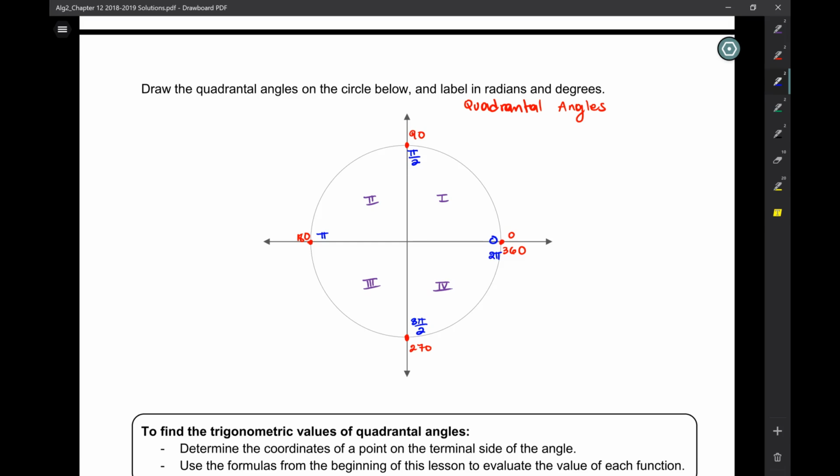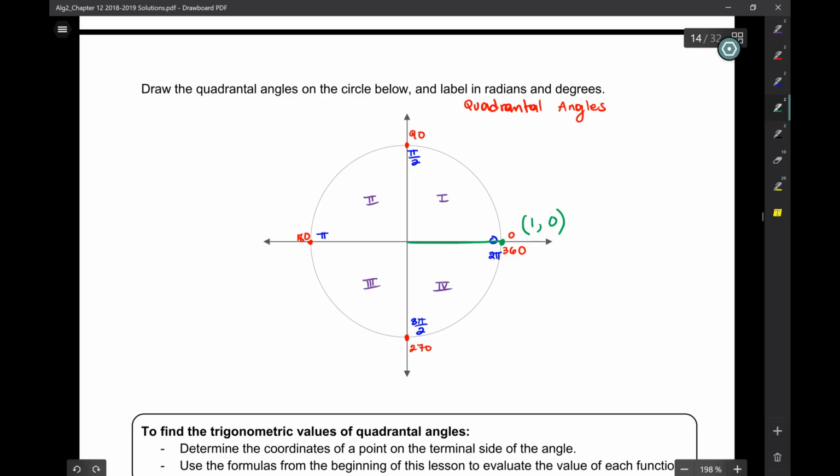Now, if this is a unit circle, what did we say a unit circle was? It's a circle with a what? A radius of 1, right? So, if this has a radius of 1, what's the distance of that green line? 1. So, what is the coordinate of that point? 1, 0. Are we in agreement with that?